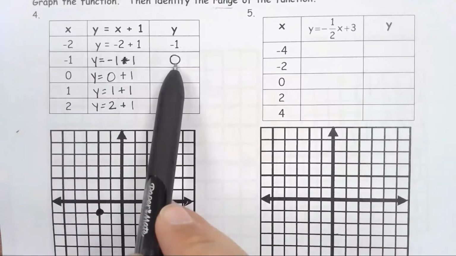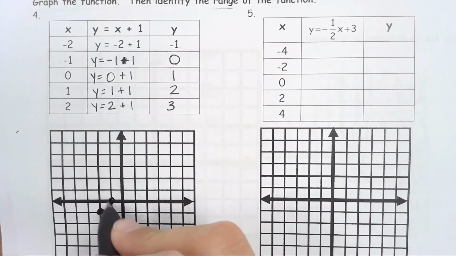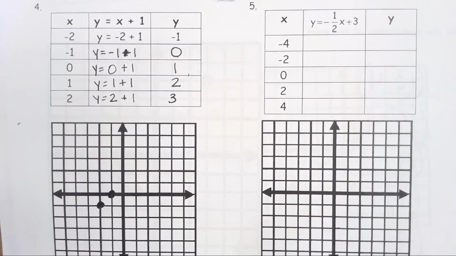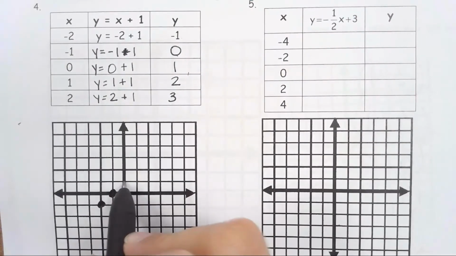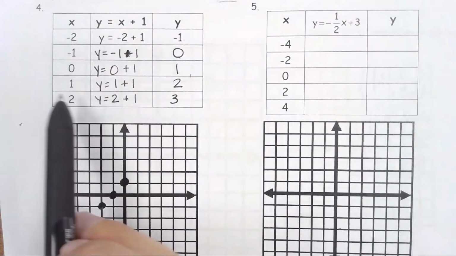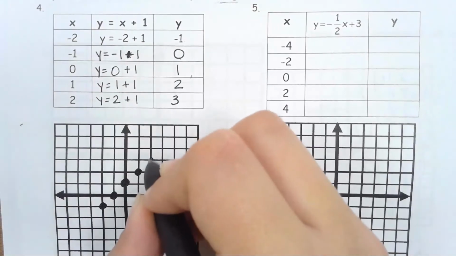Next one I have -1, 0, so left one, don't go up and down any. Next one is 0, comma 1, so 0 up 1, 1, comma 2, and 2, comma 3.